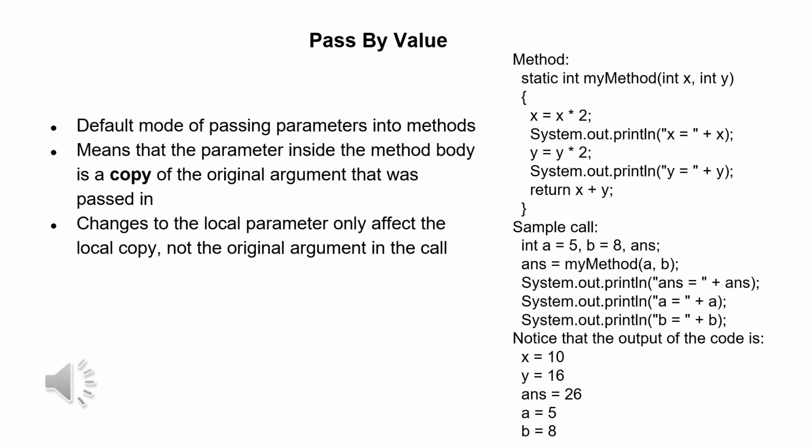So if inside the method you change those variables, you do some calculation, since the passed arguments are copies of the original ones, the value of the original ones won't be changed, right? So let's see one simple example to clarify this point better.